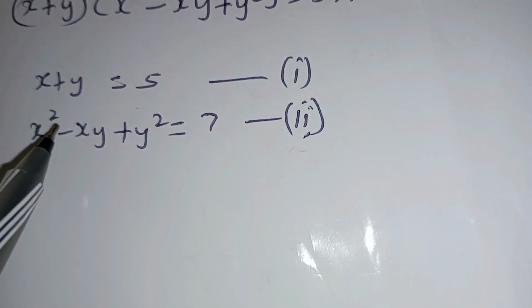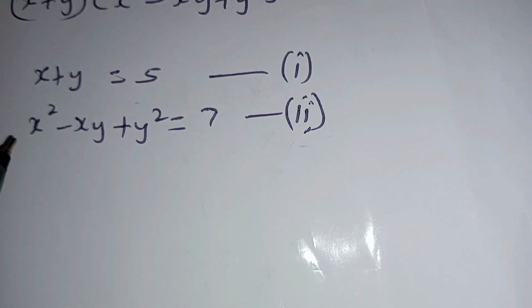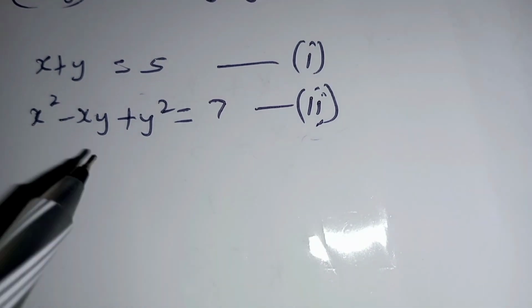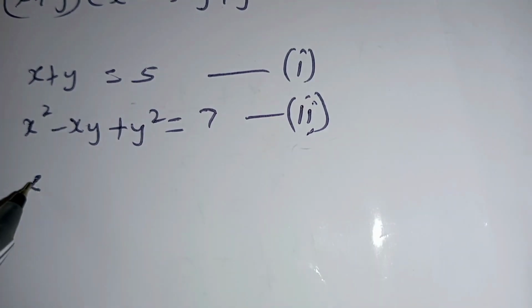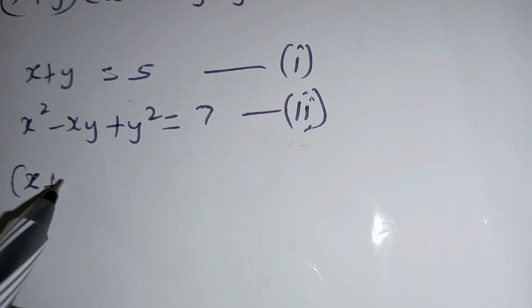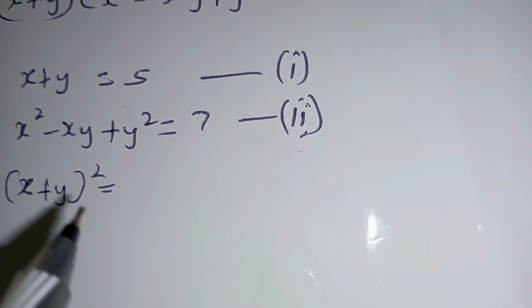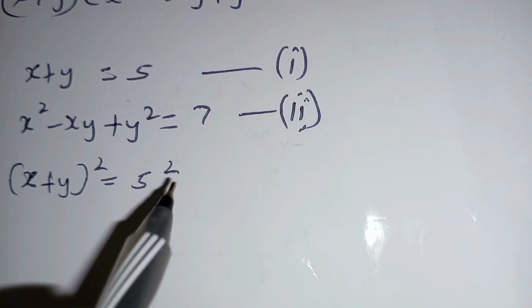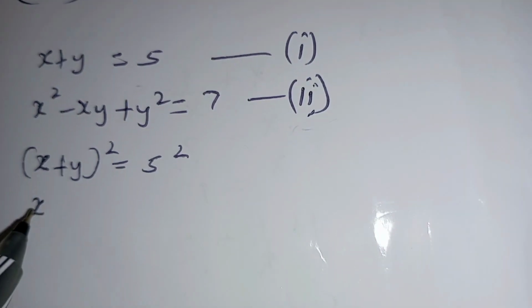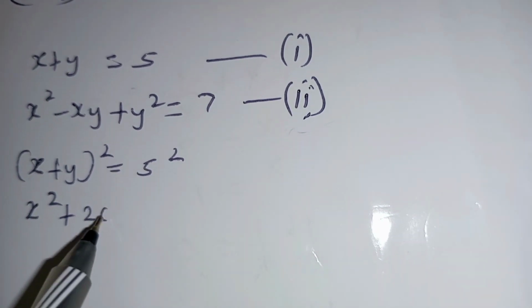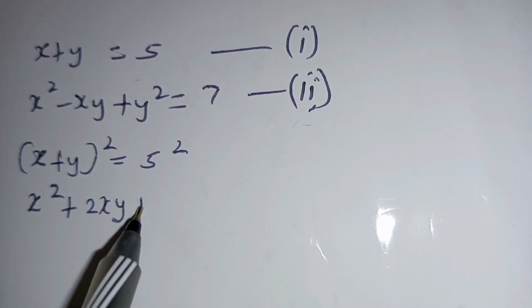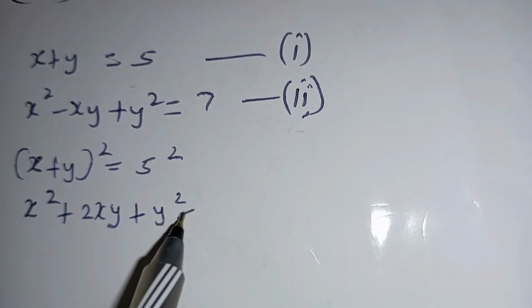So we solve these two simultaneous equations to obtain the value of x. We can do that by squaring the first equation: x plus y all squared is equal to 5 squared. So when we do that, we will have x squared plus 2xy plus y squared, which is equal to 25.